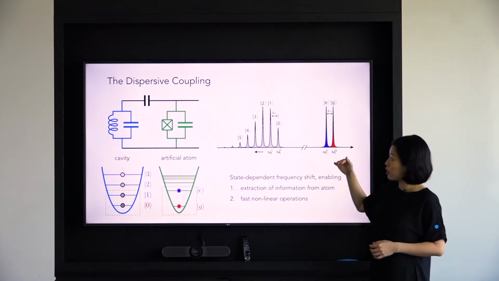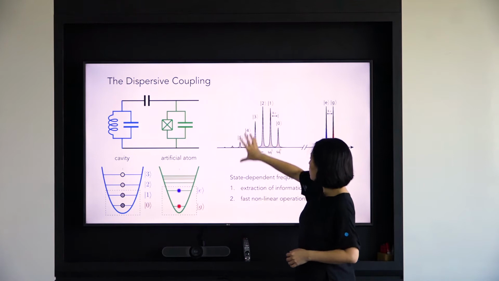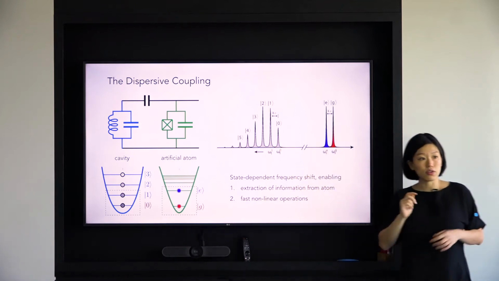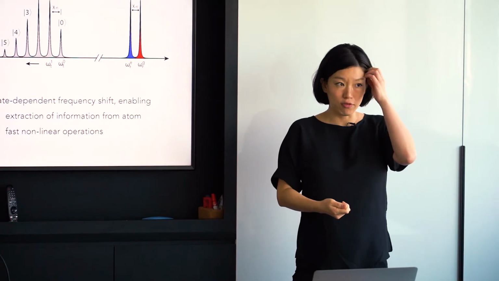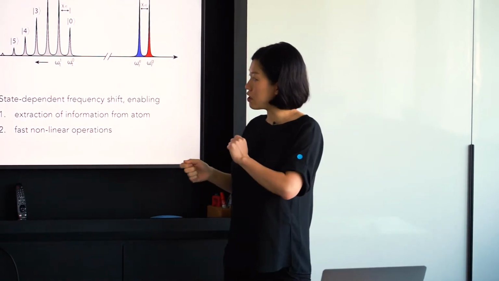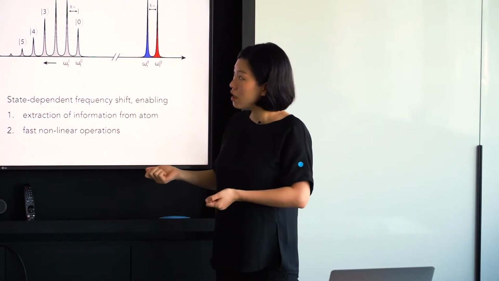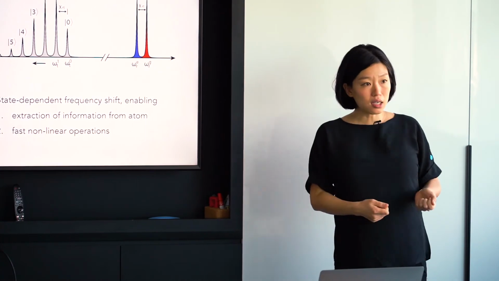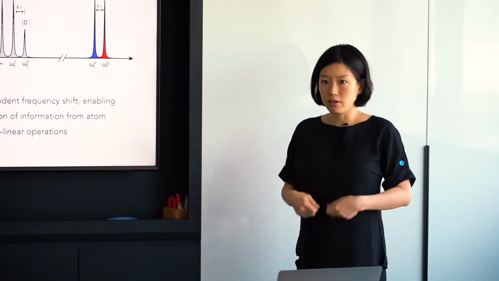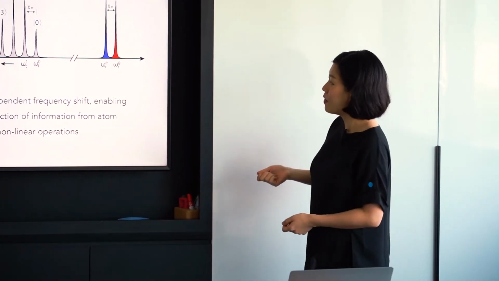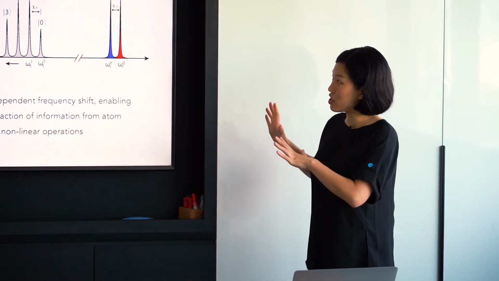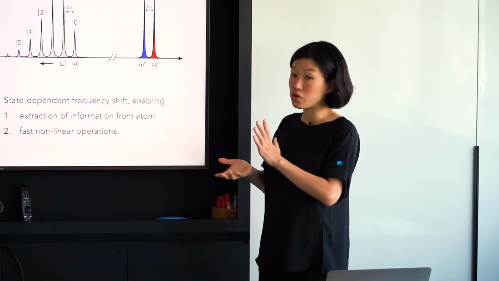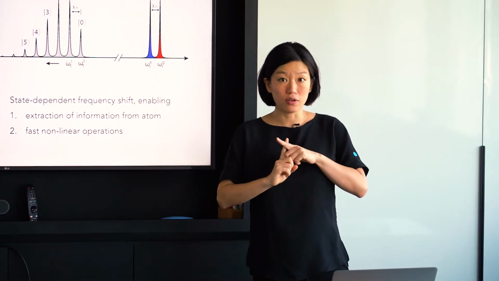And at the same time, we can also implement operations on this linear mode through the artificial atom. Okay, so these two ingredients actually give us pretty much everything we need to maybe make interesting states, do some gates on it, as well as to do measurements. Okay, so based on this, we actually have pretty much all the control that's necessary on a single quantum bit level.